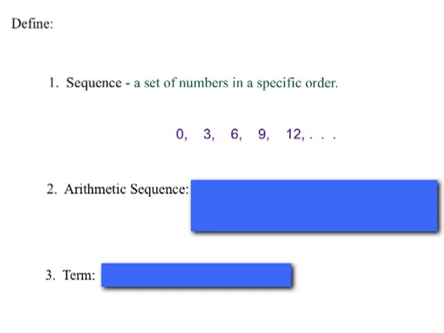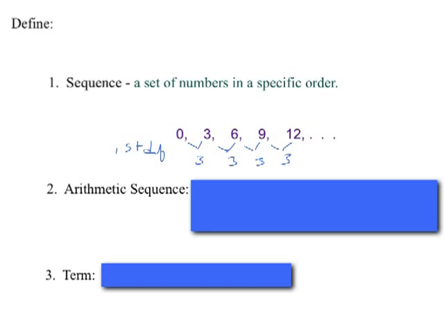In looking at a sequence, I want you to see something here. For example, if we look at the common difference, or the first difference, what is my first difference here? Let me write first difference. Well, I can see it's going to be a 3. I can see it's going to be 3. I can see it's going to be 3. All right, we know it's a 3.